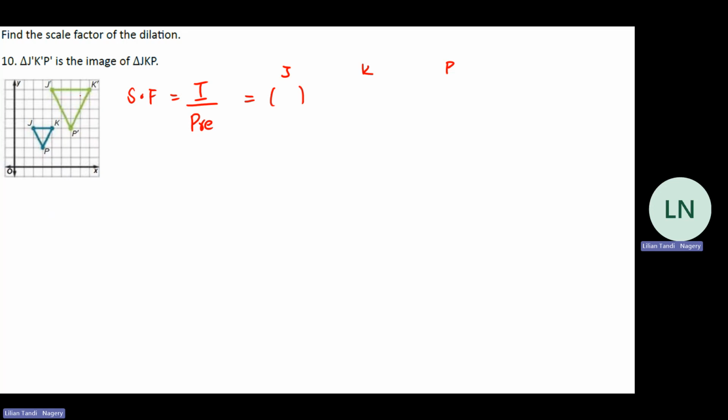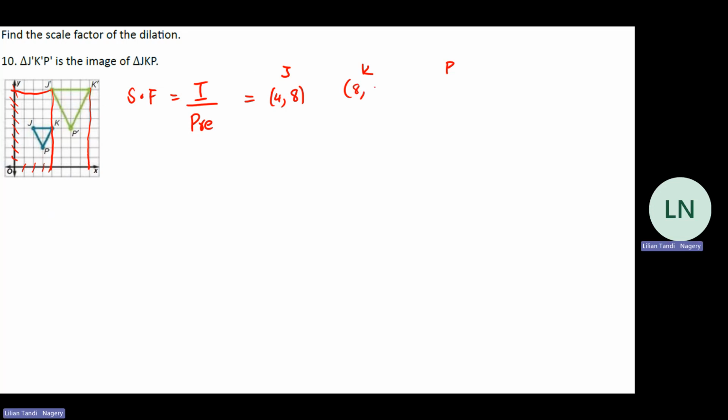All right. In the image, which is the green shape, J is, how much is this? 1, 2, 3, 4. And how much is this? 1, 2, 3, 4, 5, 6, 7, 8. Then we find the coordinates for K. We go here. 1, 2, 3, 4, 5, 6, 7, 8.